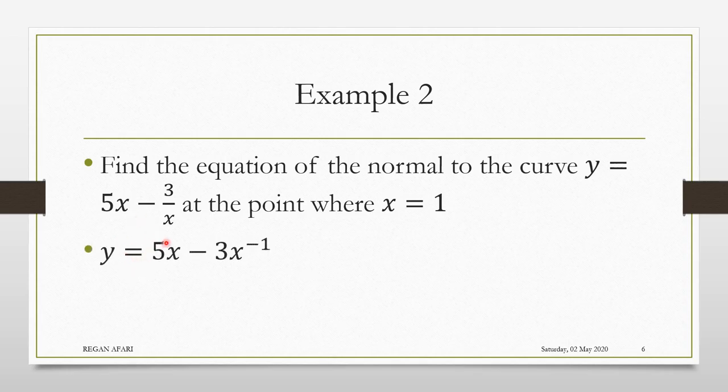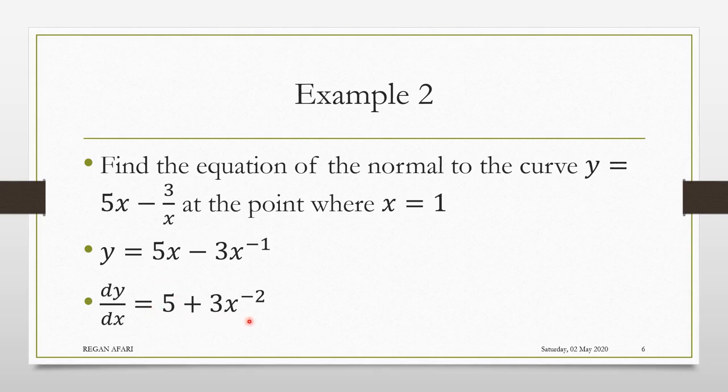Normally I would urge you to set it up this way so that you can easily differentiate. Writing 3 over x as 3x raised to the power negative 1 comes from our lesson on indices. Let's differentiate, and this is what we get.